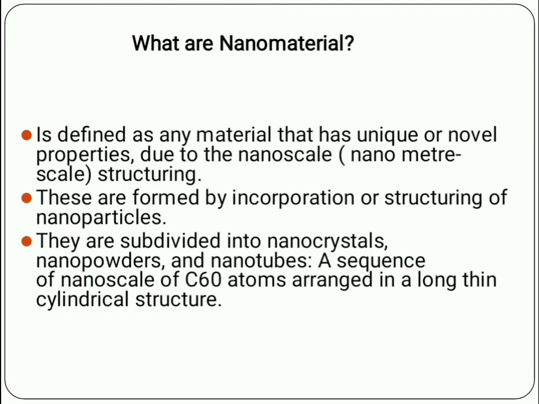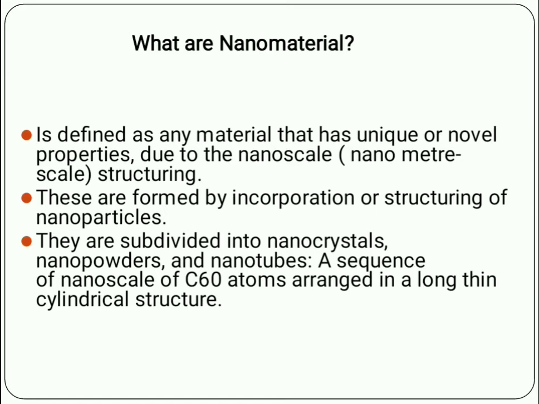Now it is defined as any material that has unique and novel properties due to its nanoscale structuring. These materials are generally very small, in the nanoscale, 10 raised to minus 9 size. So, one nano.